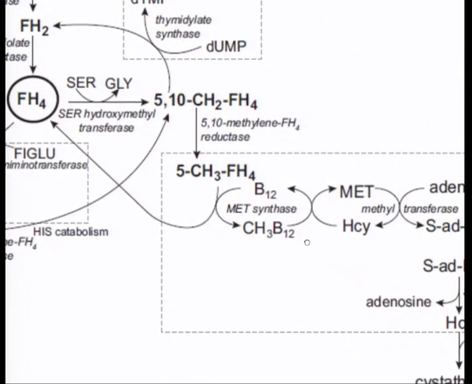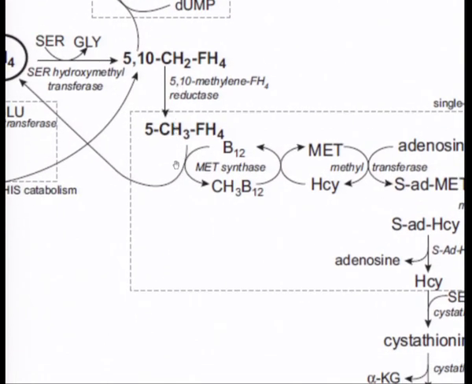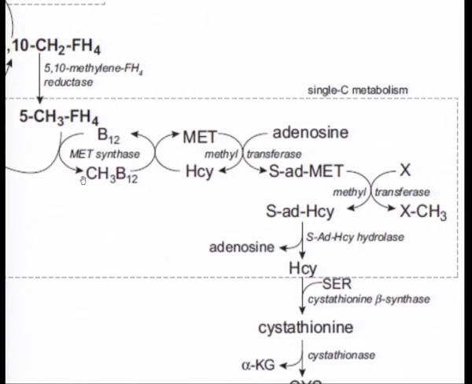Here we have again a reaction where serine is converted to glycine. Serine hydroxymethyl transferase gives rise to 5,10-methylene tetrahydrofolate. This particular enzyme kickstarts one more set of reactions, where you have methionine synthase coupled with the reaction of homocysteine.